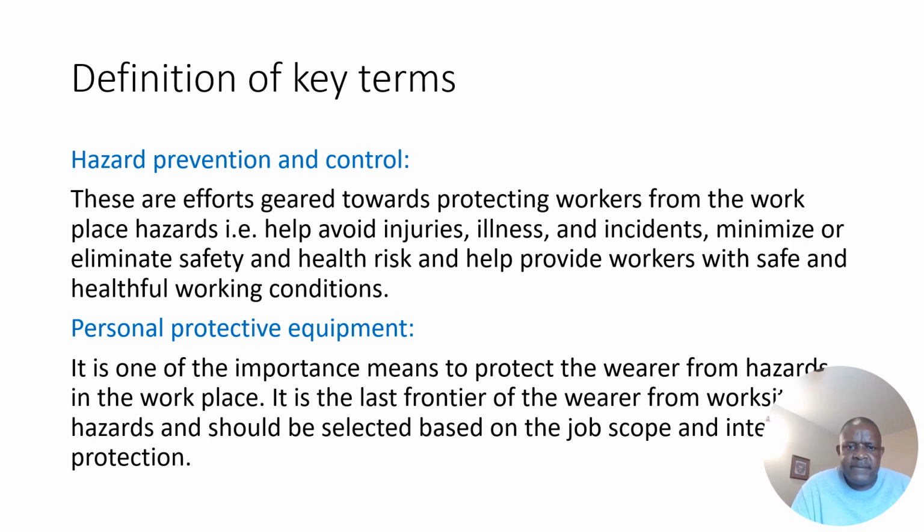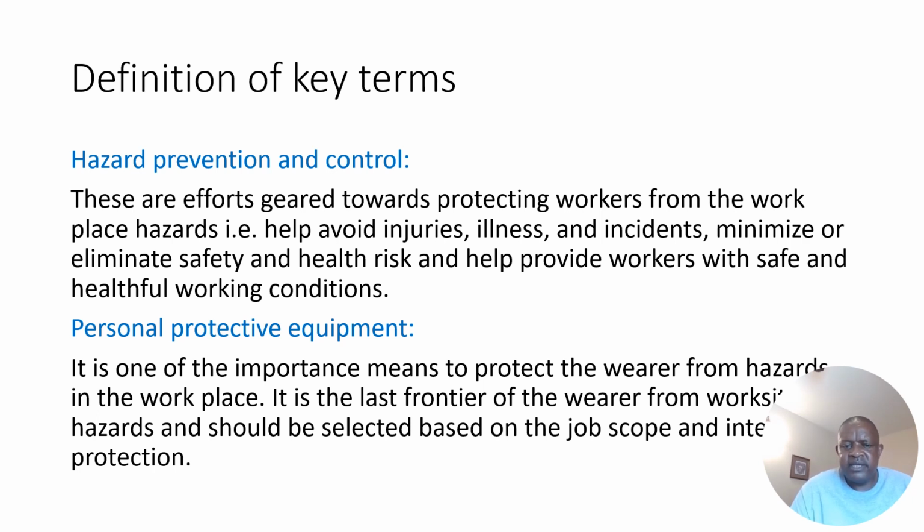And then we have personal protective equipment. It is one of the important means to protect the wearer from hazards in the workplace. It is the last frontier of the wearer from a working station. It should be selected based on the job scope and intended protection. For example, if you are working with machines where you are likely to suffer eye injuries, then you are supposed to be putting on eye protective measures.